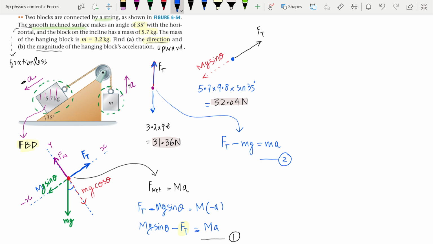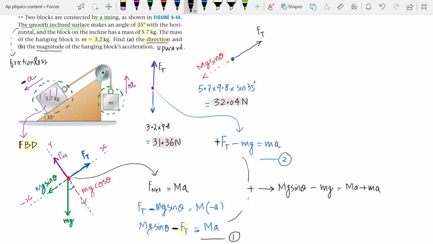If you eliminate the force of tension by adding these two equations, this is positive force of tension and this is negative in the other equation, so it will cancel out when we add, and it will give us capital M g sine theta minus small mg equals capital M a plus small m a, right?